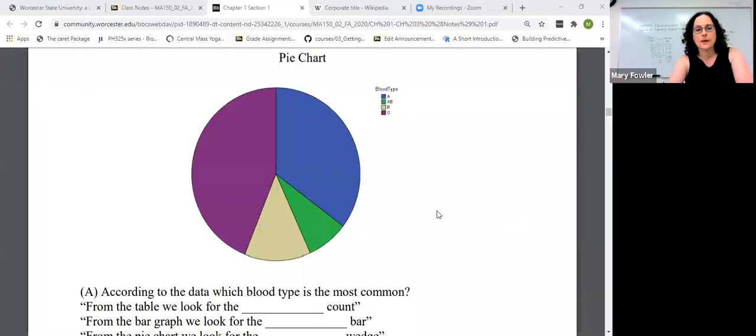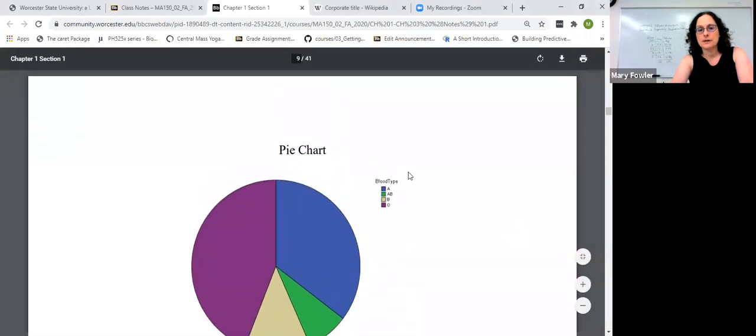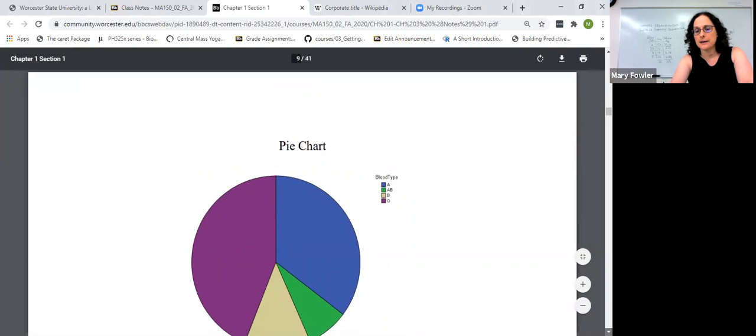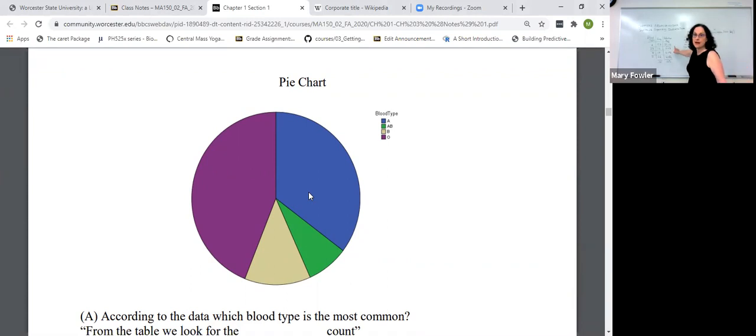Okay, all right. So this is a pie chart, and on a pie chart, the slice of the pie is determined by the relative frequency. I'm not going to ask you to draw pie charts in class on a quiz or a test or something like that, but I want you to be able to read them, and you should have some practice with my stat lab on that, just to be able to read it.